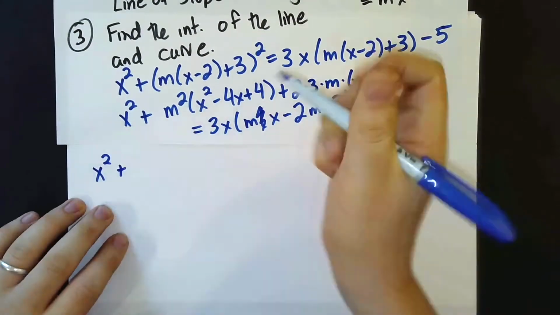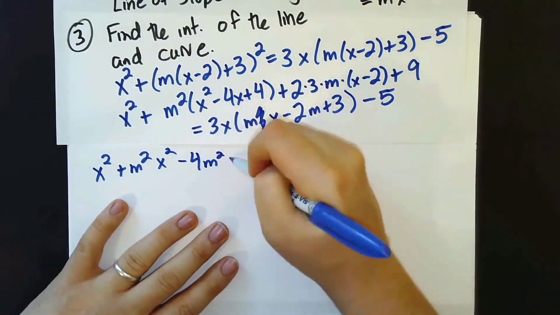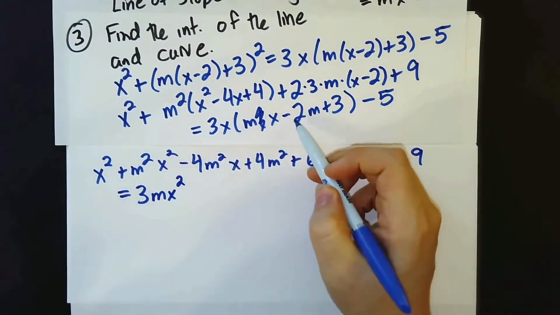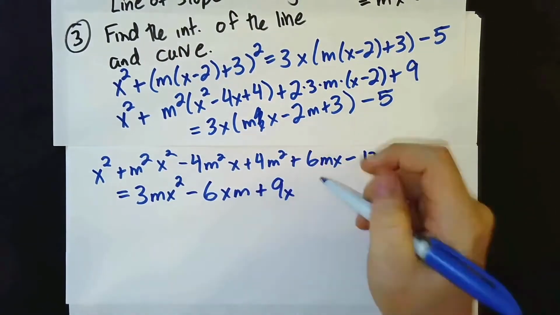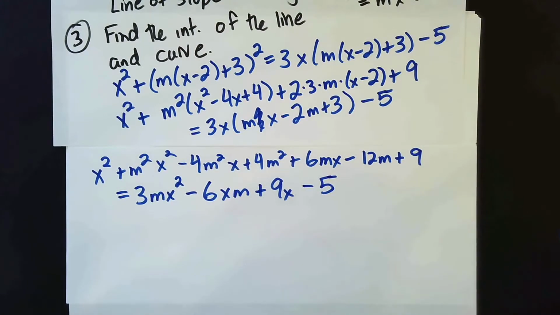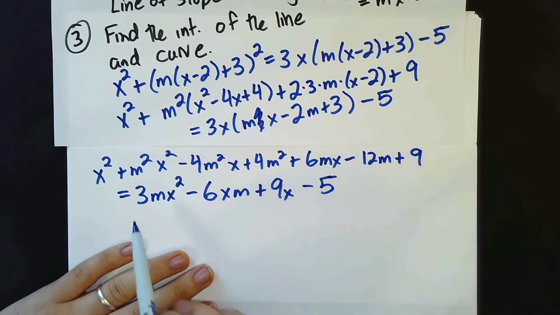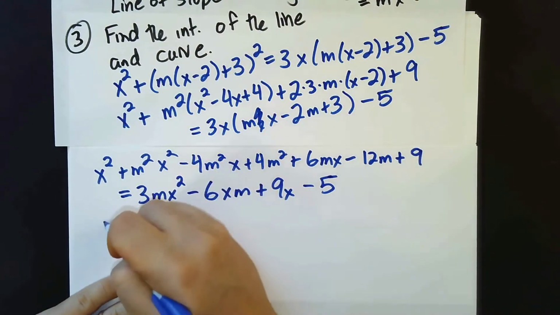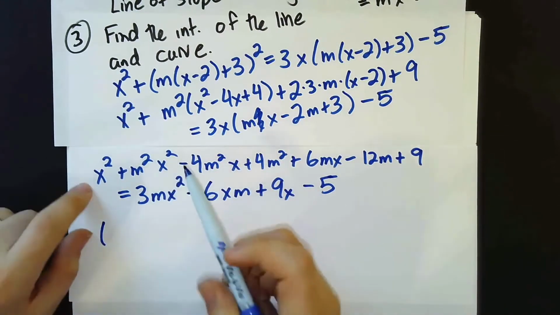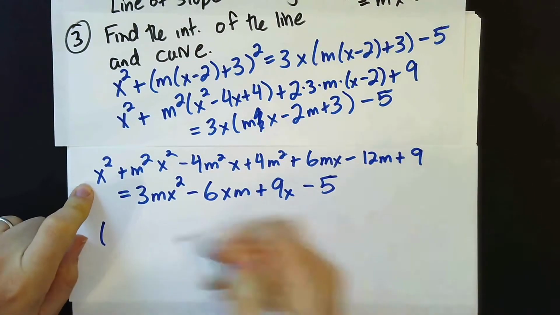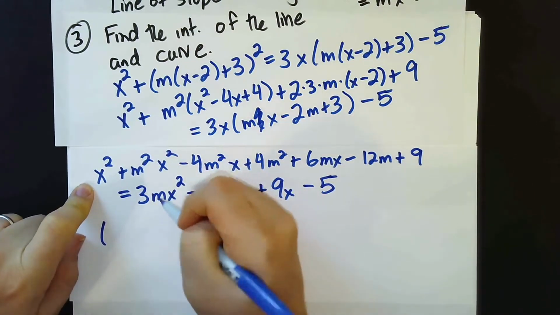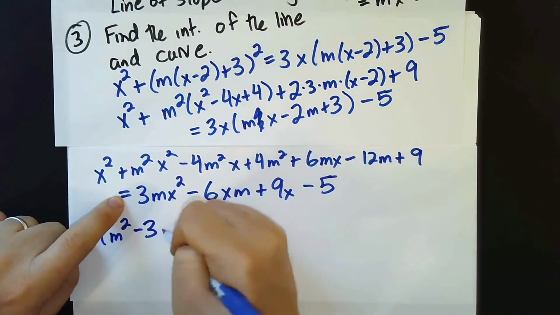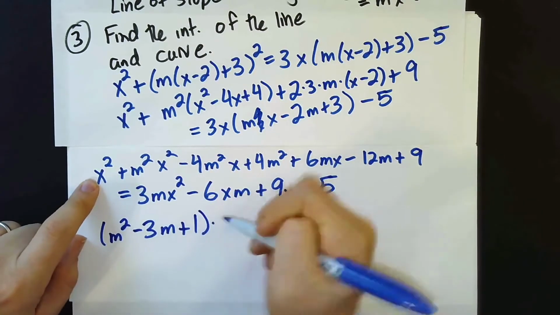So this is all going to go by very quickly for you, but this is going to take a little bit, and that's okay. There's going to be a fair bit of algebra involved in this section. And so we'll go ahead and push everything from the right-hand side over to the left. And then we'll group by terms. So in front of x squared, I have an m squared minus 3m plus 1.